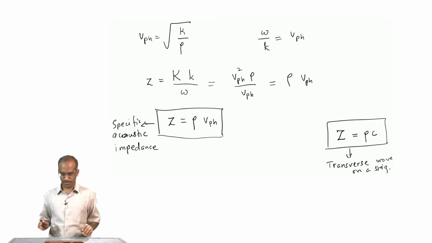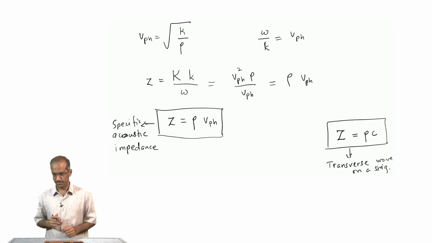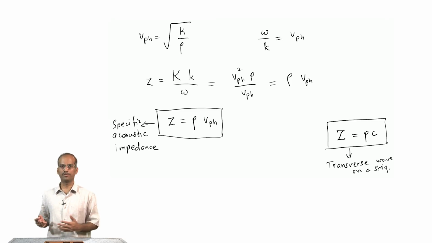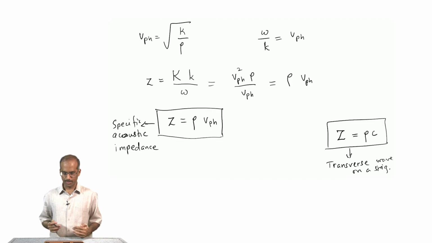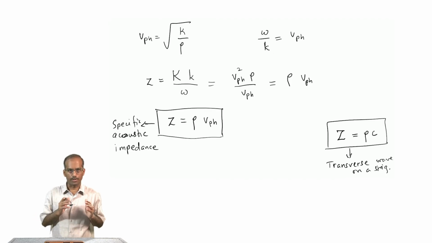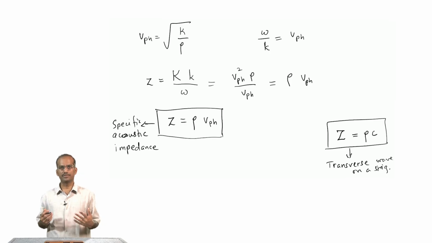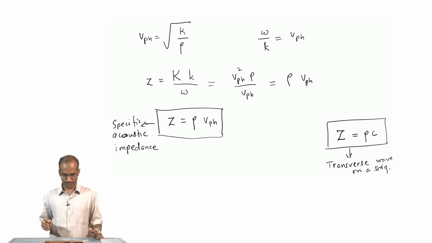Irrespective of these differences, you could see that the expression for impedance looks similar, it is a density multiplied by phase velocity. It is the same thing in the case of transverse waves on a string. So, clearly there are these analogies, even though now we are looking at longitudinal waves, there are many things which are similar to the kind of phenomena that we saw with transverse waves.